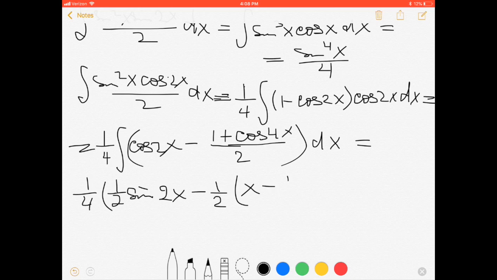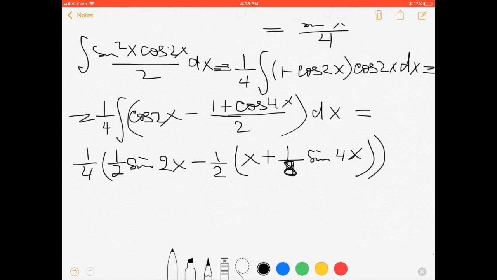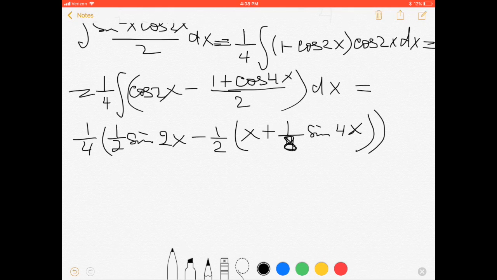This means plus 1/4 sine 4x. Okay, we found the second integral too. I think I need to close one more parenthesis. But just a moment, I have 1/2 and then 1/4. This means here I have 1/8. All right. Okay. Now we are ready for plugging our particular solution.